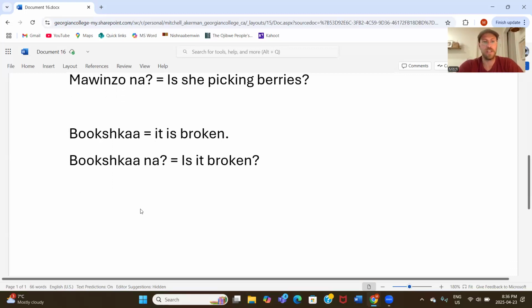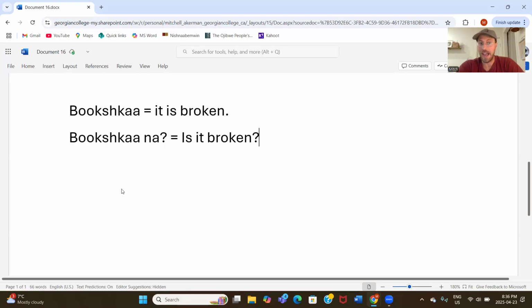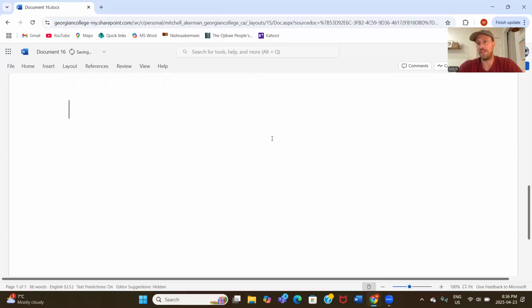We can then, of course, jump up and add another word, and an easy way to do that is with subject and verb. So we'll do another little pair like this. How about, if I want to make the question, is the, and maybe we'll pick some sort of critter.